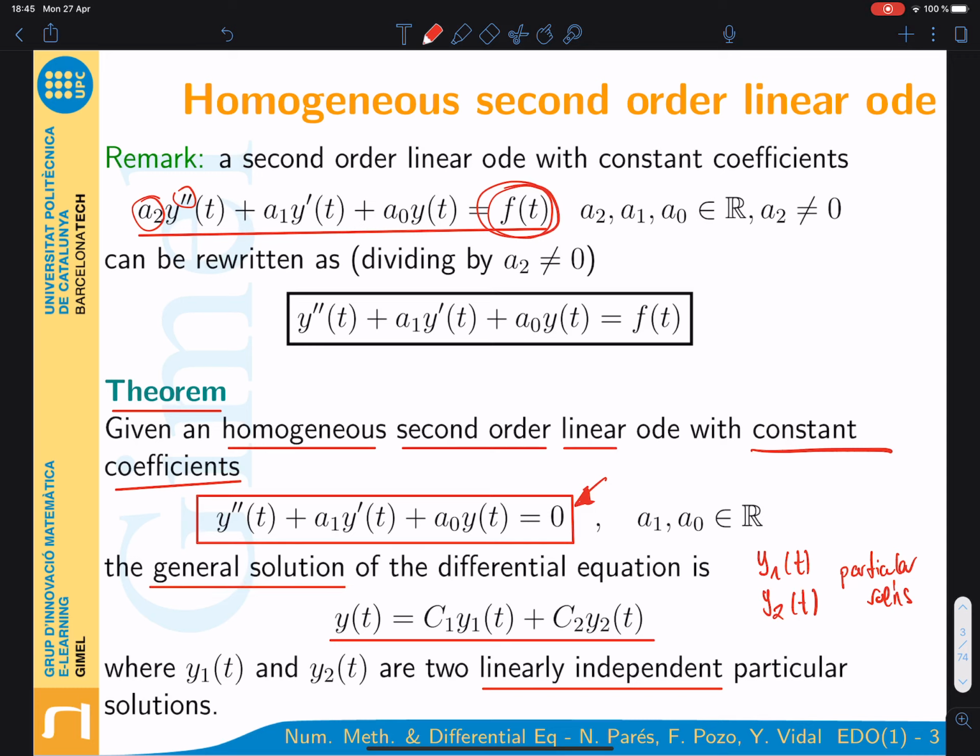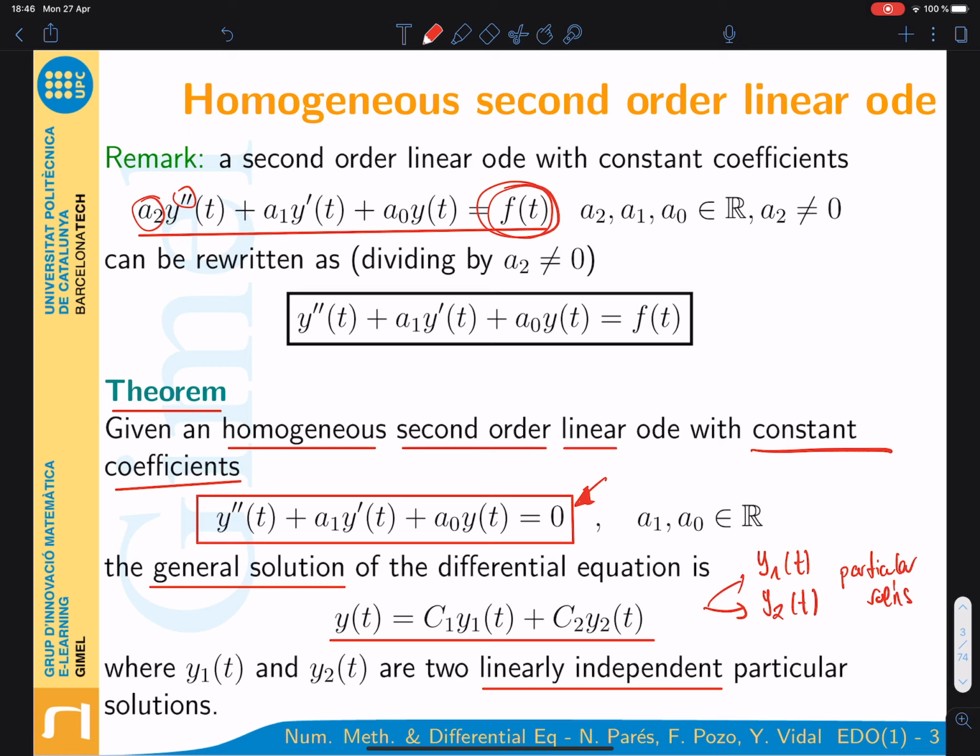It's just the linear combination of these 2 guys. So the problem of finding the general solution now is simplified to just finding 2 particular solutions. Any particular solution you can find. It doesn't matter if it's the easiest one. I don't care. I just need two of them.